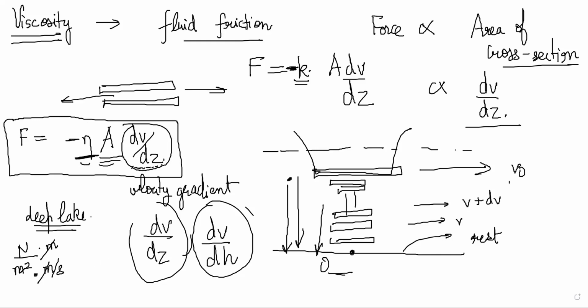So it will be kg meter per second square over meter square, and second will go on top. So it will be kg per meter second, or Newton second per meter square, right?